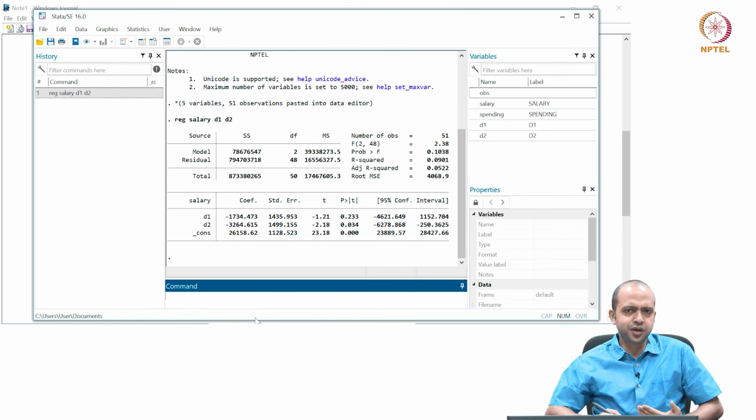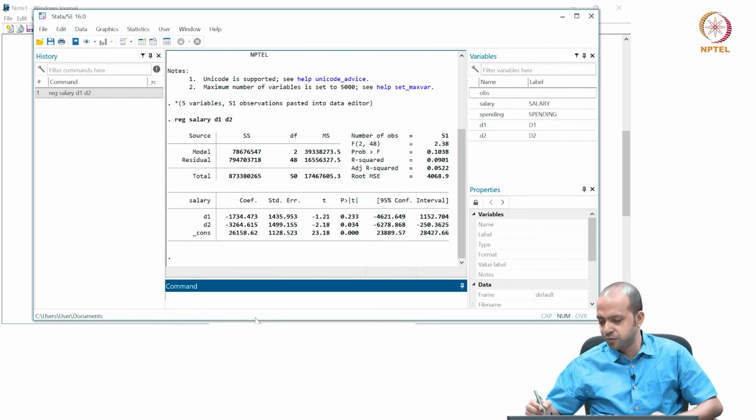If you take the arithmetic mean of salary of the Western region, the value would be 26,150, and that of the Northeast region would be 26,150 minus 1,734, and the Southern region would be 26,150 minus 3,264. That would be the arithmetic mean.